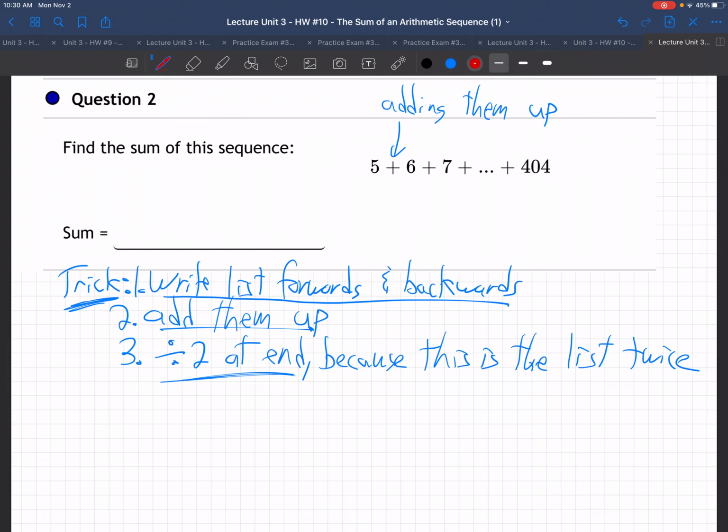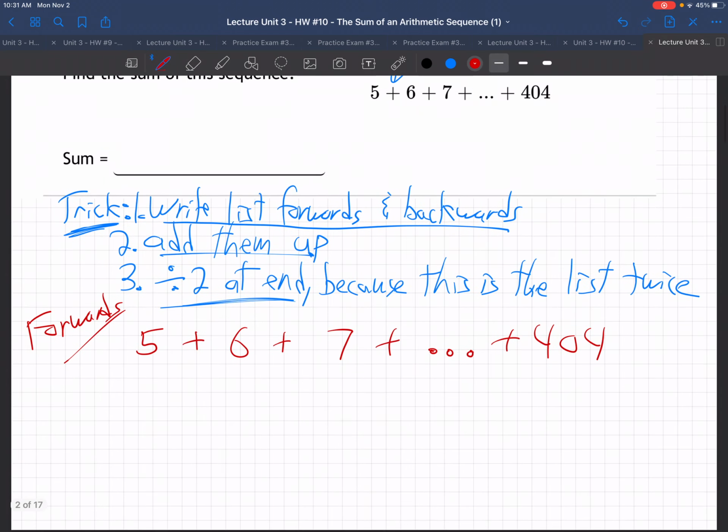All right, so here we go. Let's write the list forward. 5 plus 6 plus 7 plus dot dot dot plus 404, all the way to 404. So that's the list forwards.